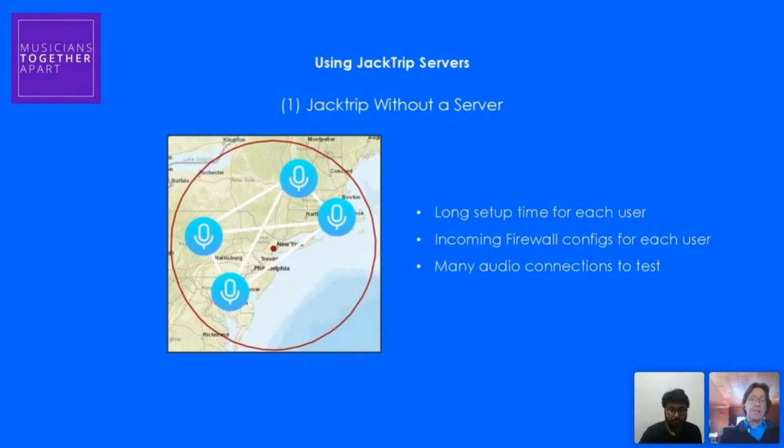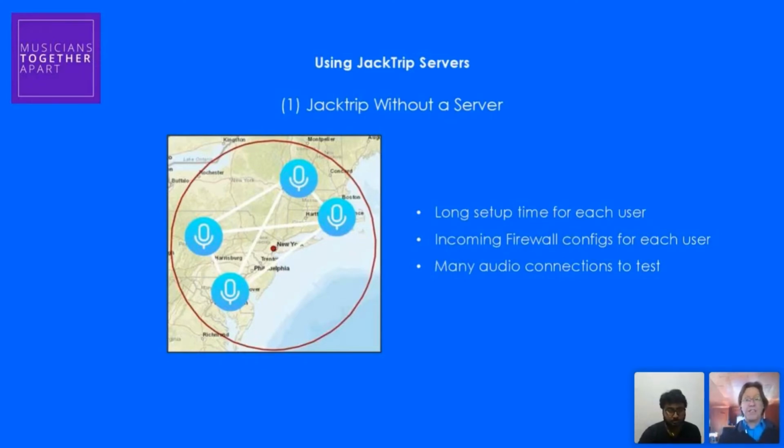If you look at this picture, this is a JackTrip setup without a server. In reality, every musician ends up having to run their own server to some degree and then connect to other people's servers. You end up having to do firewall port opening for each person, and the home router becomes a mess.